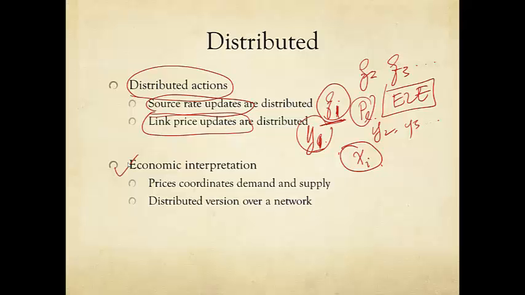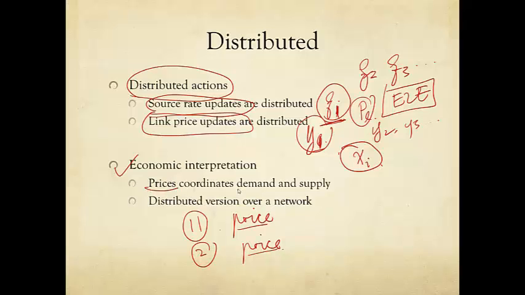Number 3, there is a very nice economic interpretation. Just like back in lecture 11 when we used pricing to coordinate demand and supply, back in lecture 2 when we used pricing to coordinate demand and supply in auctions. Now we're using pricing, at least as an interpretation of this machine protocol called TCP congestion control.